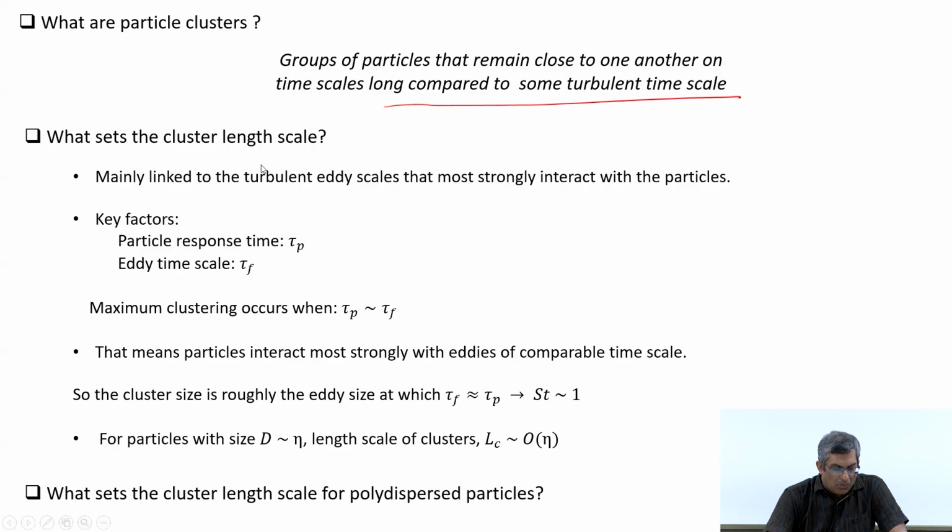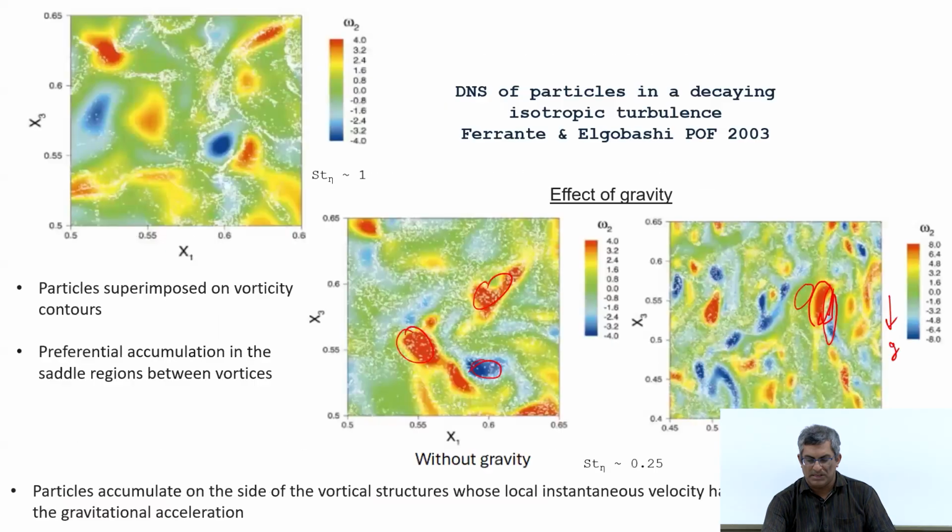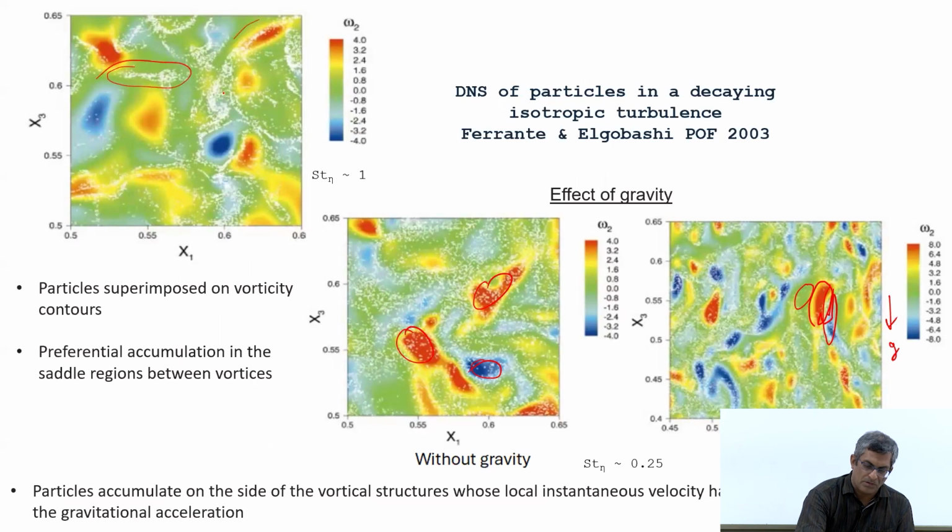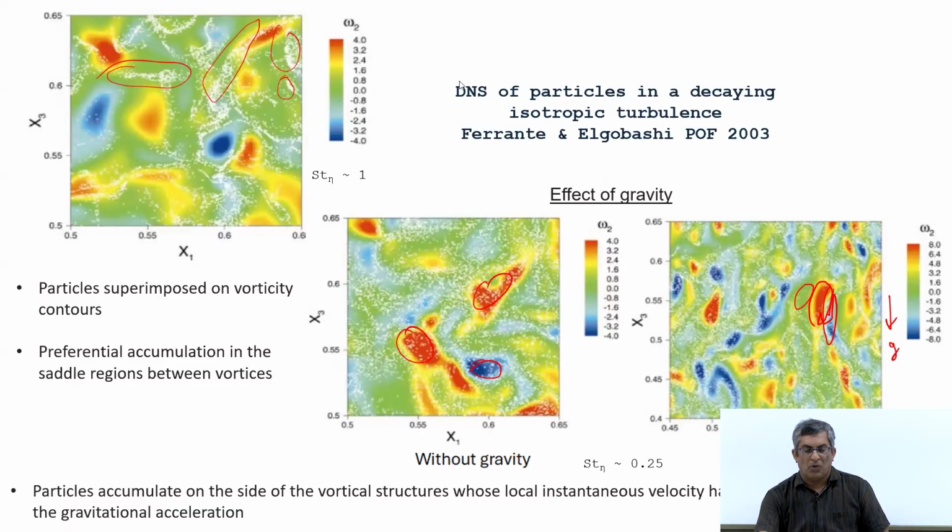The length scale of the cluster is mainly linked to the turbulent ED scales that most strongly interact with the particles. So, the question is, what sets the cluster scale? Here you see the clusters have some scales. Now, what factors govern the length scale of the clusters?